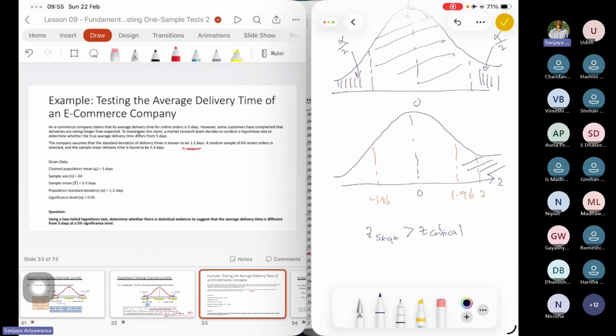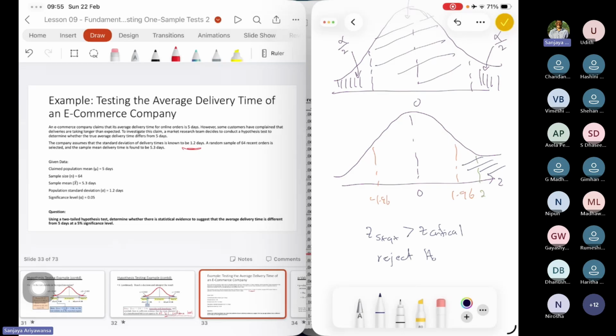So we therefore say that there is statistical evidence to suggest that the average delivery time is different from 5 days because we are rejecting the claim H naught. So there is evidence to say that average delivery time is actually different from 5 days.